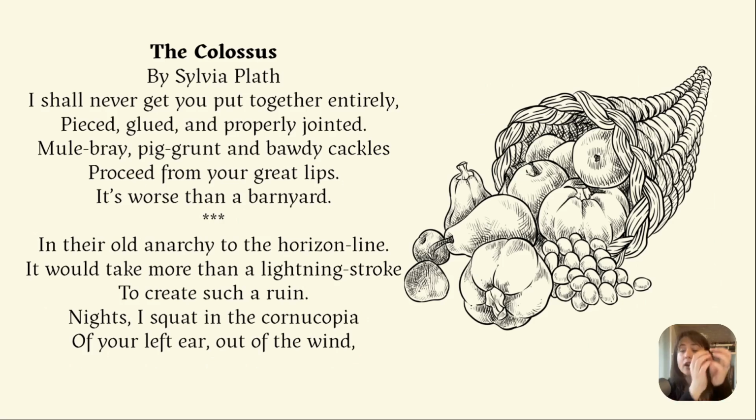While sensory imagery kind of places you in the persona's perspective, hyperbole kind of persuades you on whatever the perspective might be. So if we're having a look here, pig grunt, it's like you're in a barnyard. Okay, well, it's worse than a barnyard. All of a sudden, we're greeted by a very extreme or extravagant description of somebody.